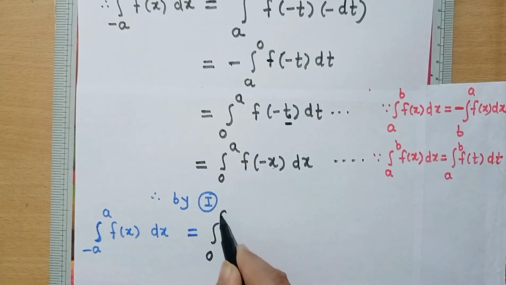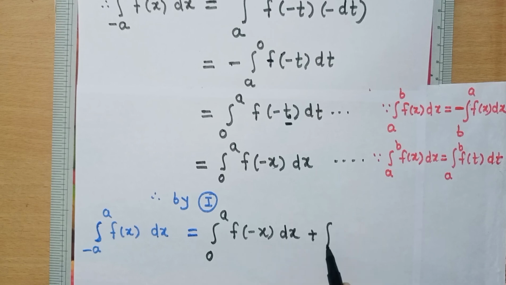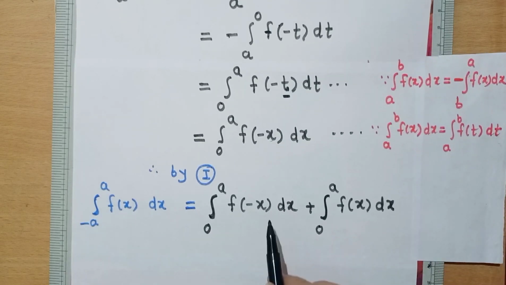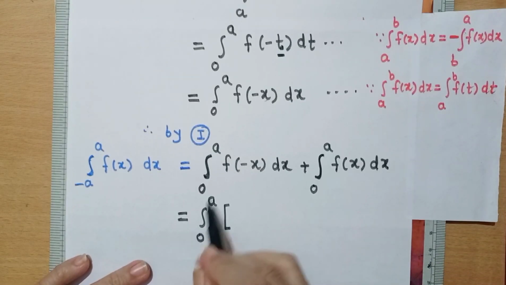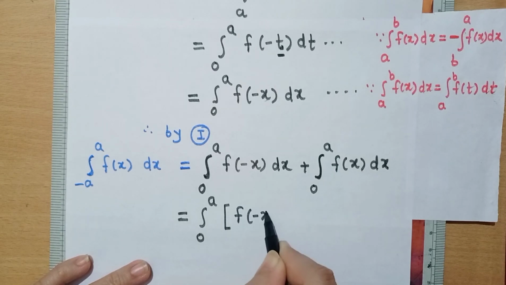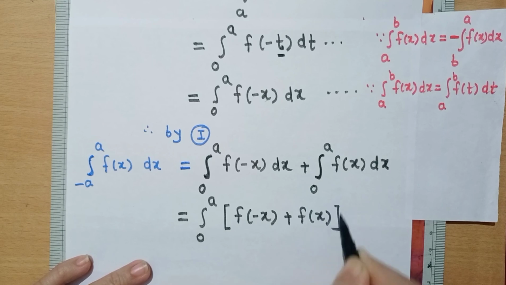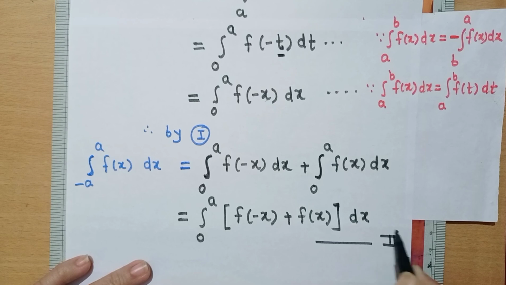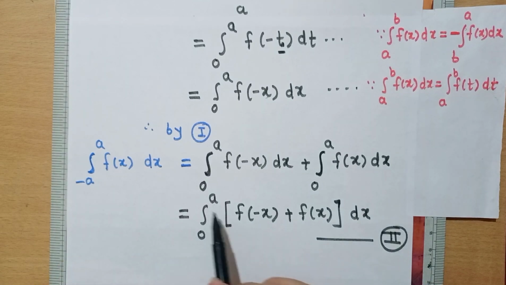So here 0 to a f of minus x dx, and our second integral is 0 to a simply f of x dx, and since there are the same limits from 0 to a, again we will write this as 0 to a of f of minus x plus the second function, simply f of x, and here we will write dx. Say this is the second equation, and then we will write the value of this for even and odd functions.